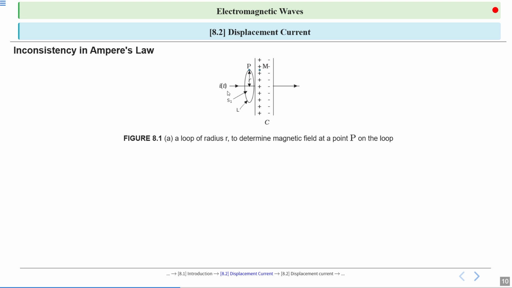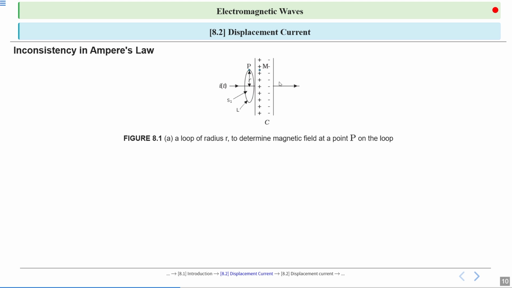Time varying current is flowing through the wires connecting the capacitor. That's why it is written I(t), meaning current is varying with time. We consider a loop of radius r to determine the magnetic field at point P on the loop.